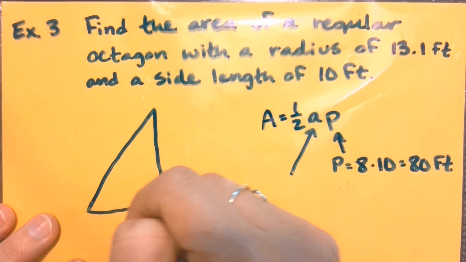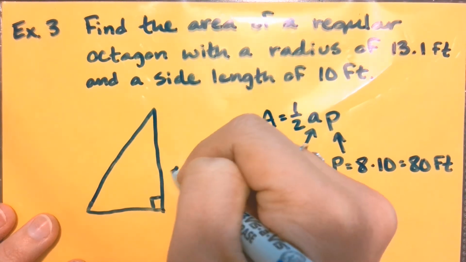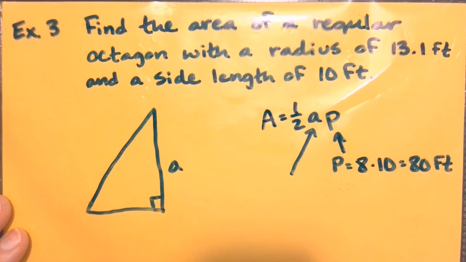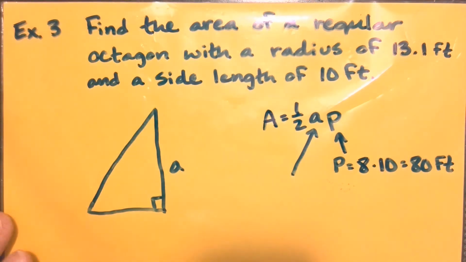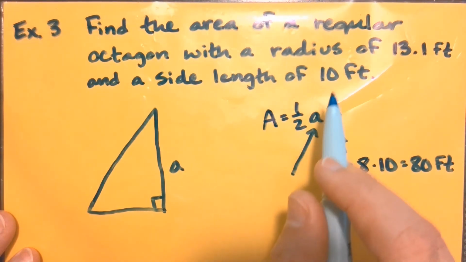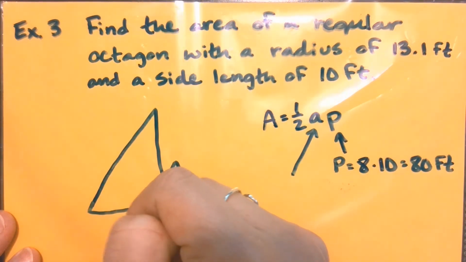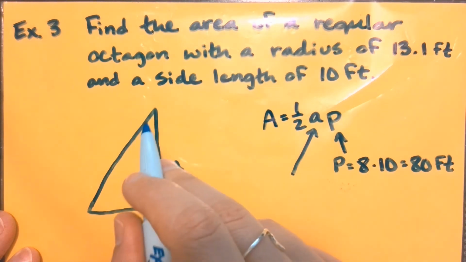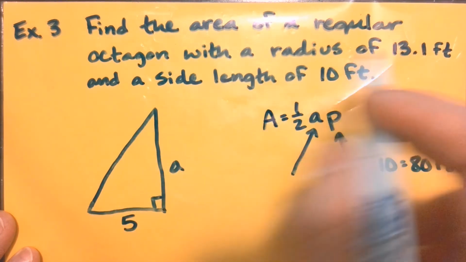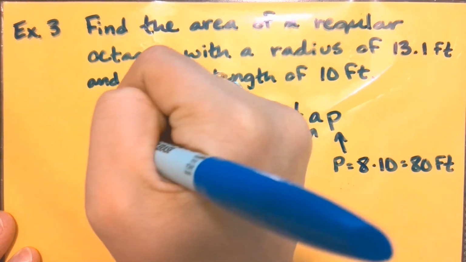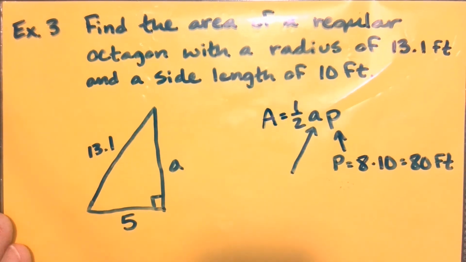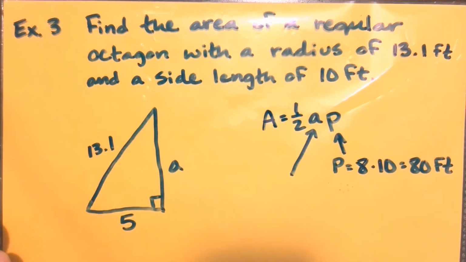We don't know the apothem, so see if you can fill in what we know for this other leg and what we know for the hypotenuse. The other leg should be half of the side length, so it's going to be 5. And then our hypotenuse is the radius, so it's going to be the 13.1. Once you've got it set up, go ahead and solve for the apothem.